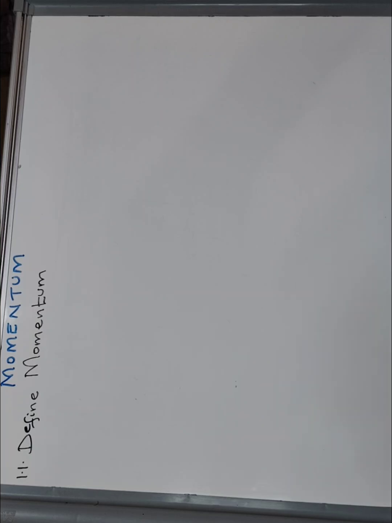So the first question comes and says, define momentum. So what is momentum? Momentum is defined as the object's mass times its velocity, or the product of object's mass and its velocity.